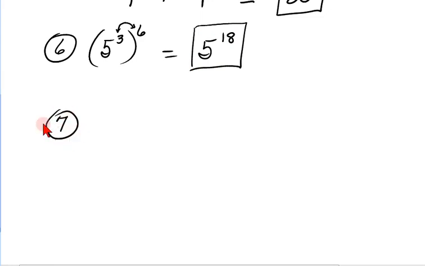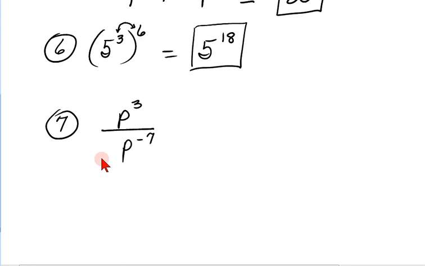Number 7, I have p to the 3rd over p to the -7. Now I know that -7 is screaming at you, going, oh my goodness, please move me. But tell it to be quiet for a minute, because you could do that. It wouldn't be wrong.